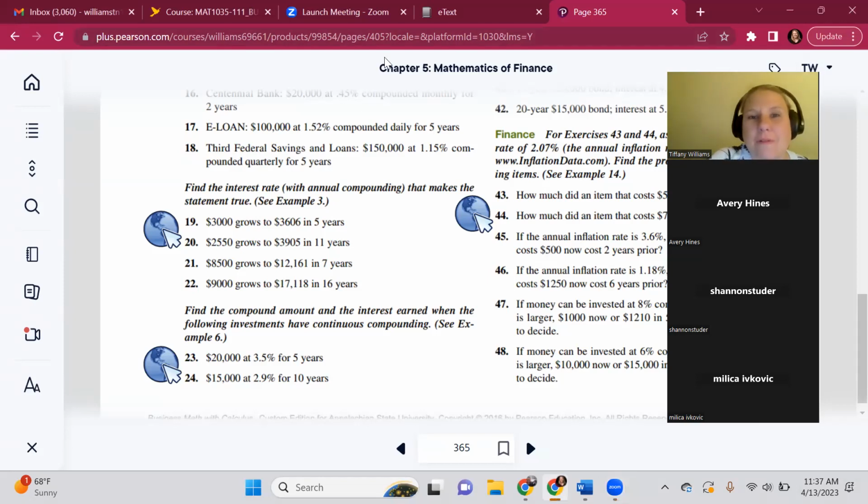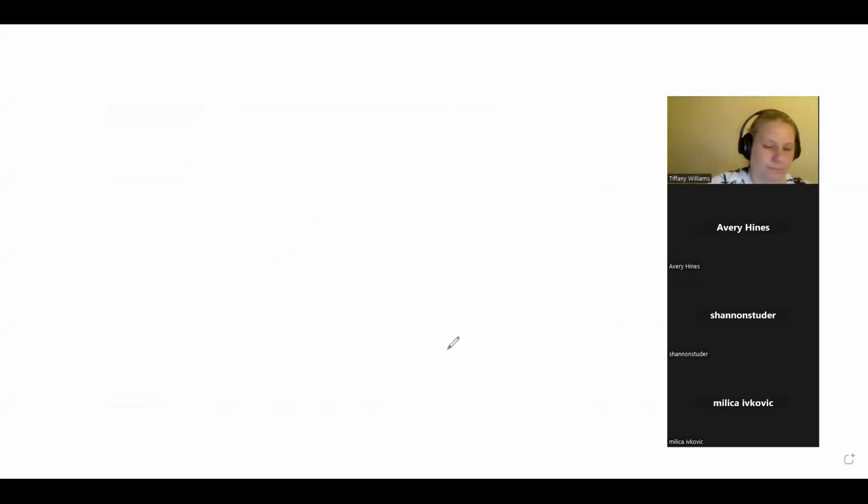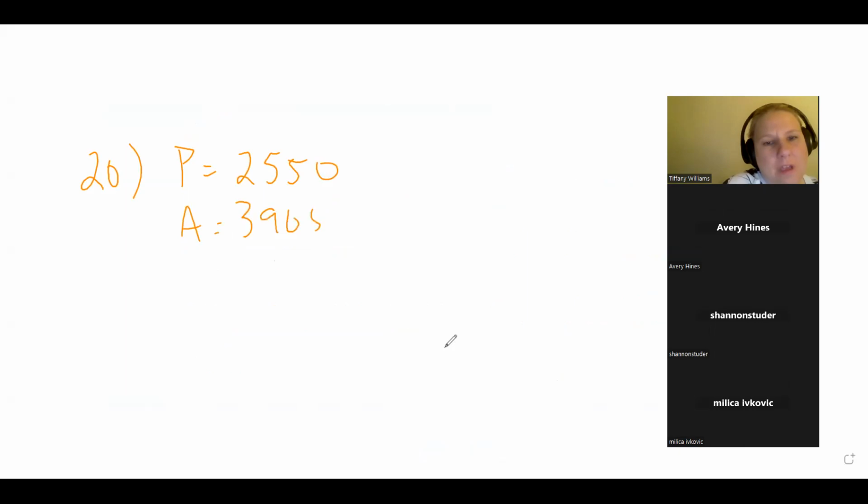So let's go set up our formula here. Let's get on whiteboard. So we're going to have that our P value is equal to 2550. And our A value in this case is equal to 3905. Now we know our N because they told us in the directions it was annual compounding.